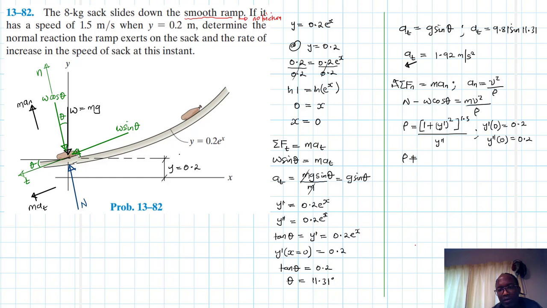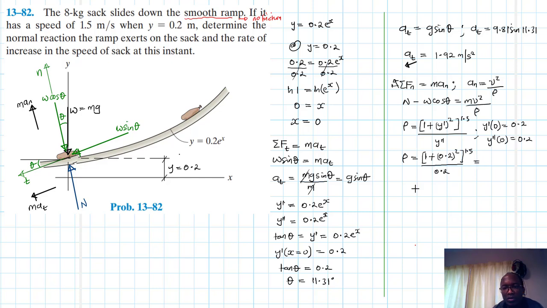Therefore, our rho will just be equal to 1 plus 0.2 squared, all this to the power 1.5 divided by 0.2.